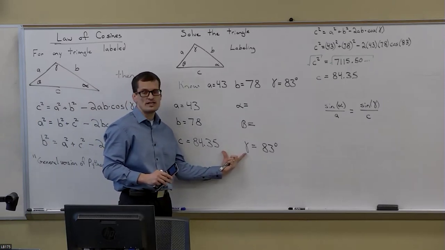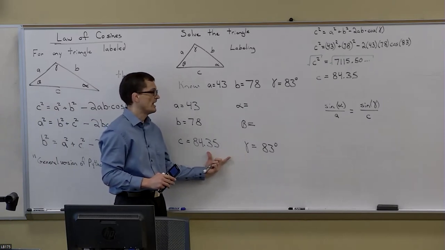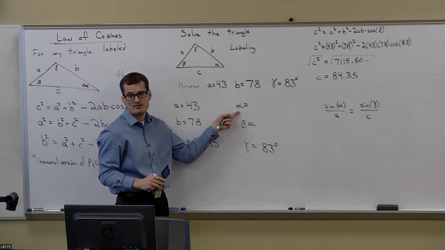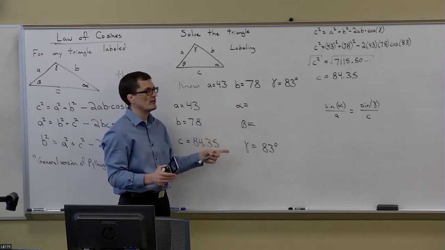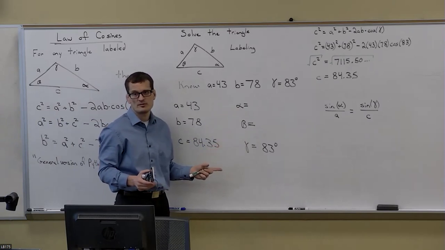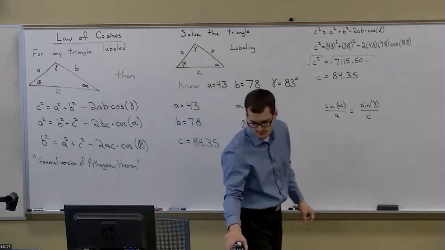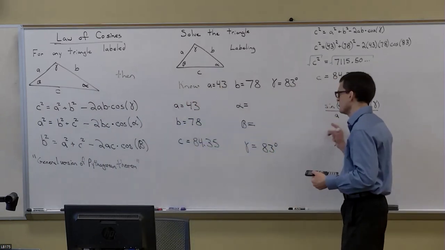So I have this ratio in the law of sines, the ratio with the gamma and the C. I'll use that to find my alpha. Somebody else may have used that to find your beta. That's fine too, either way. But I'll use it to find my alpha.